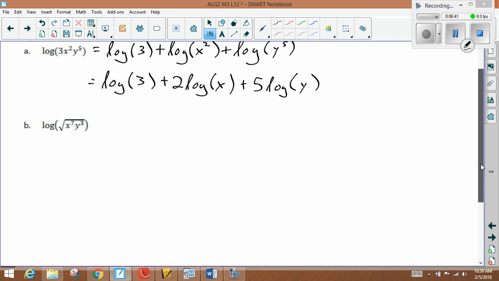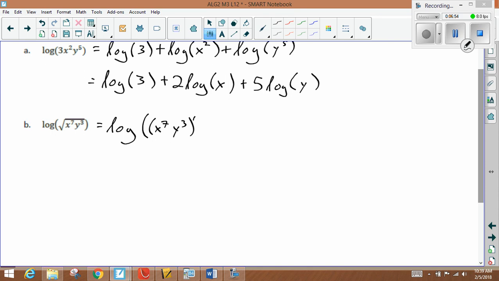Let's do it again. First of all, I'm going to write this as x to the 7th, y to the 3rd to the 1/2, right? I'll write it as a rational exponent first.